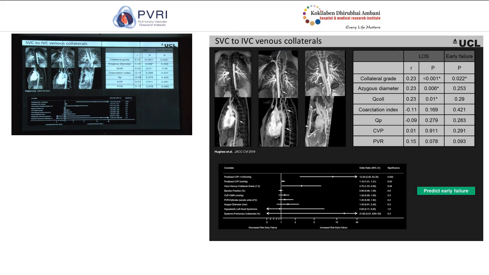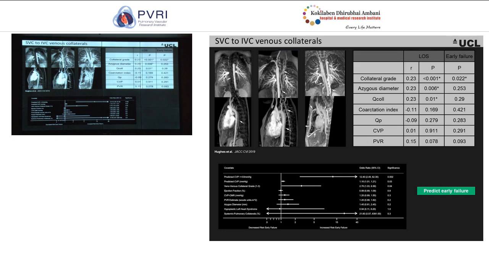And so these data are being worked on by Michael Quayle, who's a postdoc in our center, looking at whether predicting CVP, postoperative CVP, on the preoperative assessment predicts risk of early Fontan failure. So he looked retrospectively at a whole bunch of patients, did this calculation, and then looked at the incidence of postoperative Fontan failure.